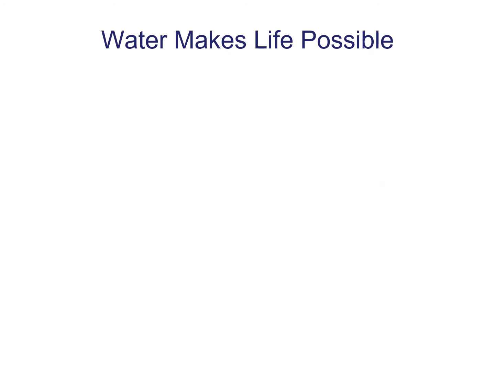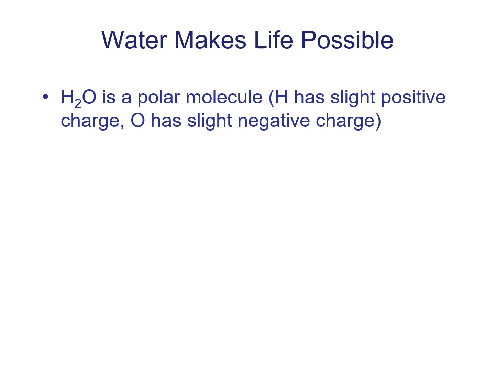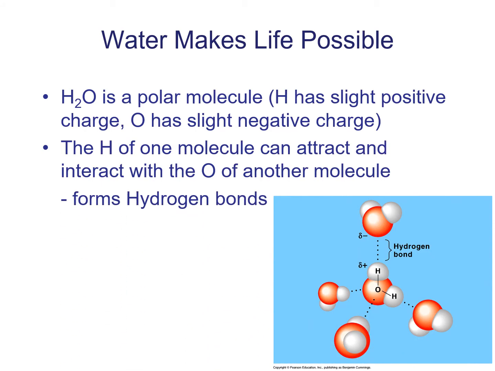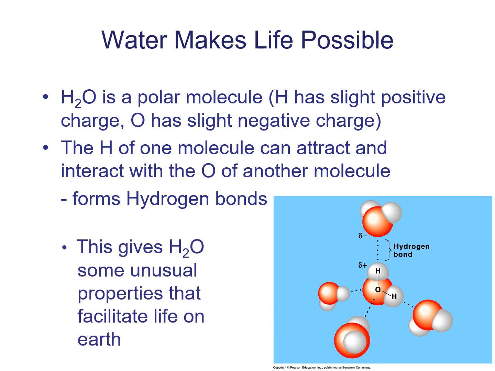Astronomers that are interested in finding life on other planets are always going to look where it's conceivable they might find liquid water, because liquid water is just strange. It's different than most other substances. And this is due to that dipole and due to that hydrogen bonding.